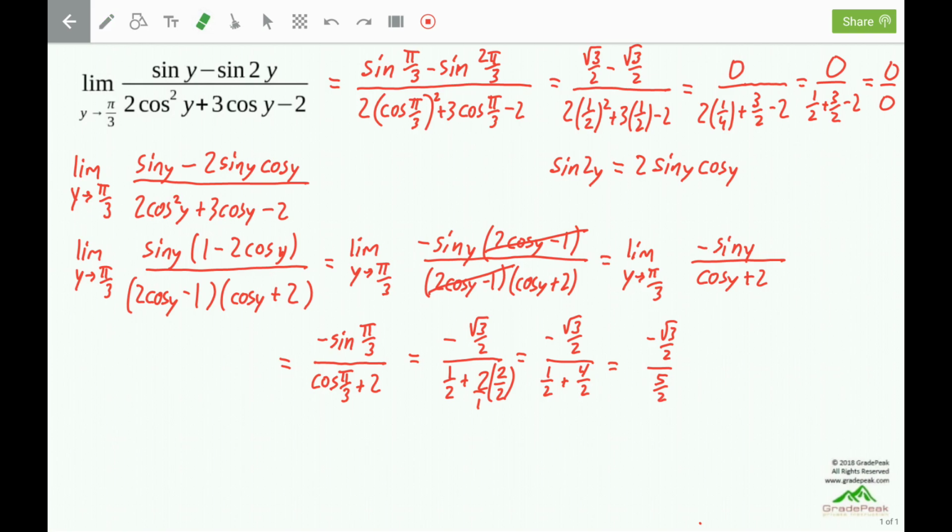We add the numerators, put them over the common denominator. At this point, we have a fraction over a fraction, so our next step is to reciprocate the denominator fraction, which will be 2 over 5, and multiply it with the numerator fraction. Now in this multiplication, we have a 2 in the denominator and a 2 in the numerator that can cancel each other out, leaving us with negative root 3 over 5.